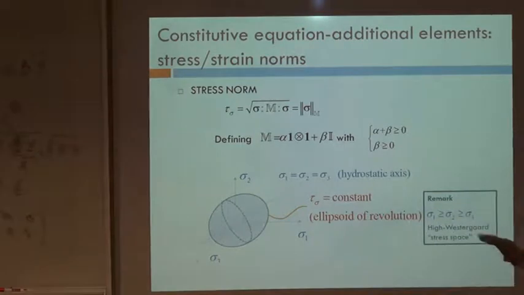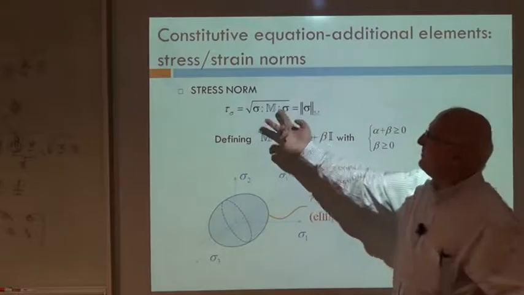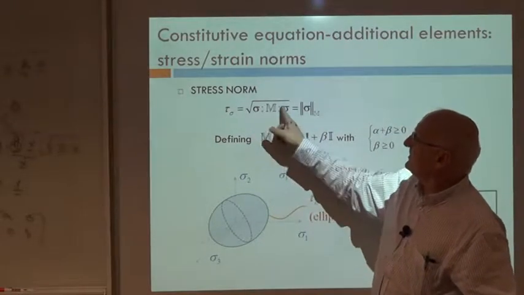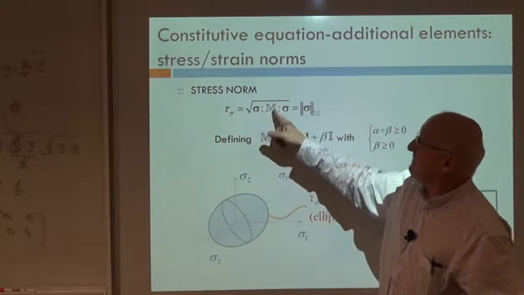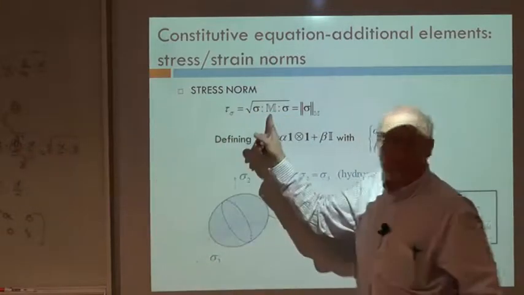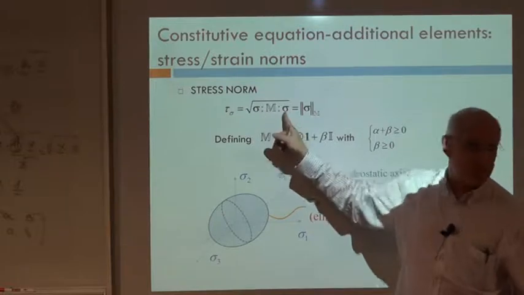Okay, anyway, so now consider the Haigh-Westergaard stress space. Let's consider now a point of that, which is represented by this sigma, and then let's consider a matrix like that, which is now, instead of a second order tensor, a fourth order tensor, which is positive definite, so this product is always positive.